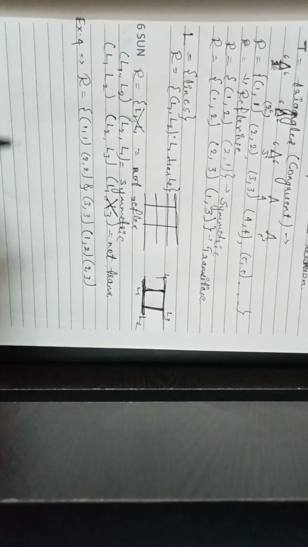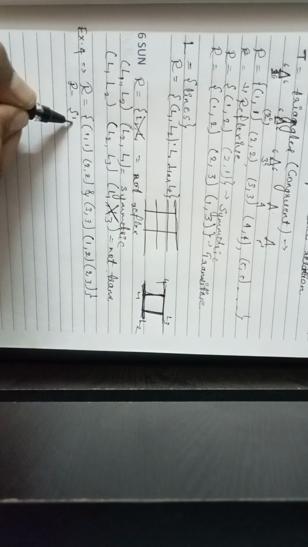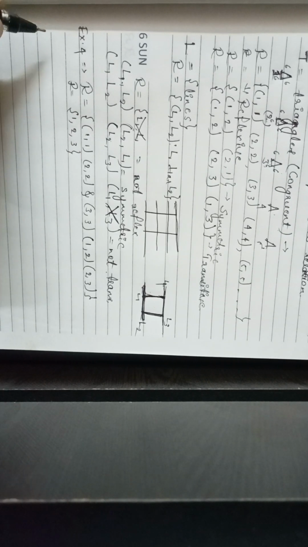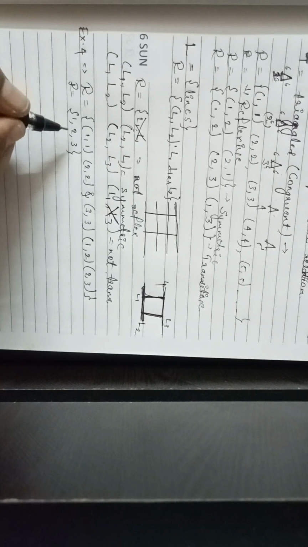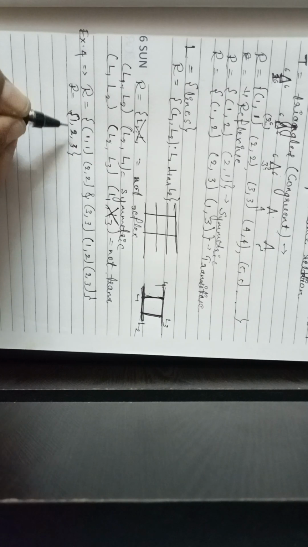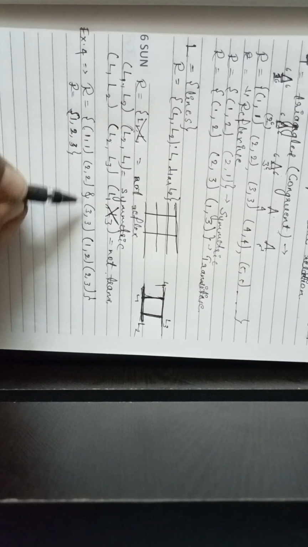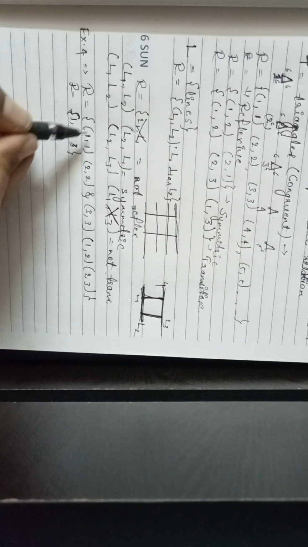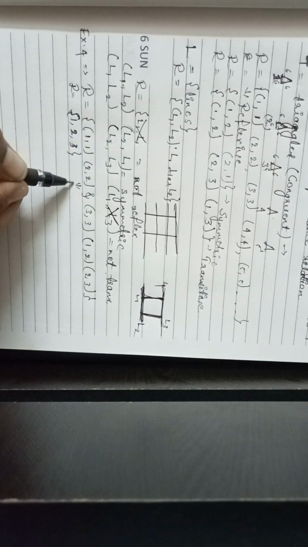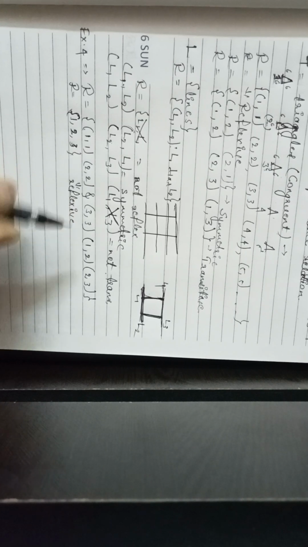Now I have to check whether it is reflexive, symmetric or transitive. Before this I'll give A is equal to 1, 2, 3. Now you can see here in A I have three numbers, 1, 2, 3, and in the relation I have 1 comma 1, 2 comma 2 and 3 comma 3. So this is reflexive.